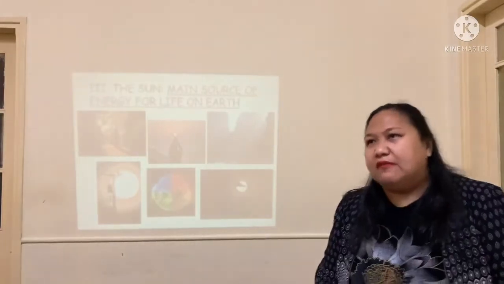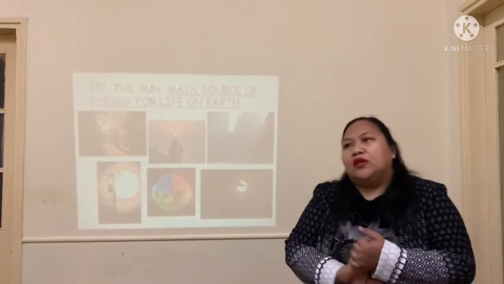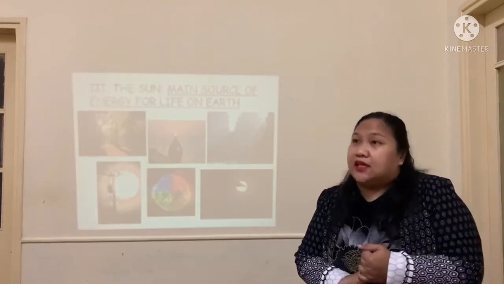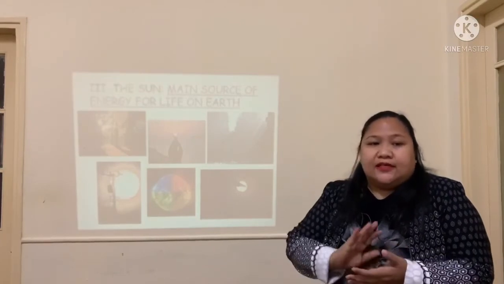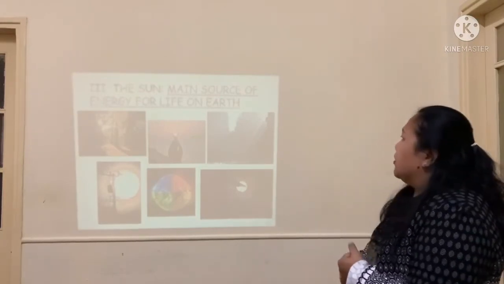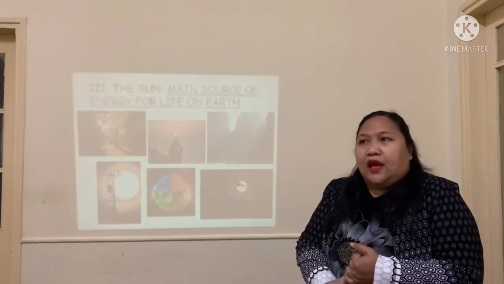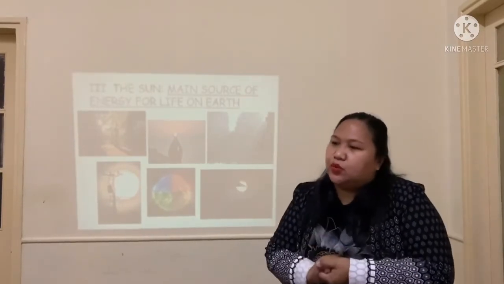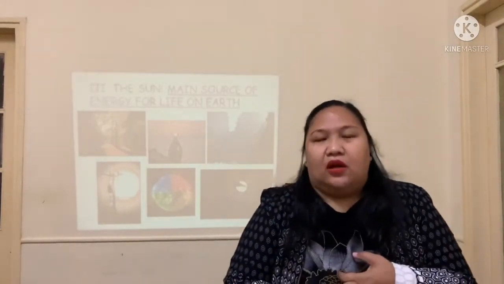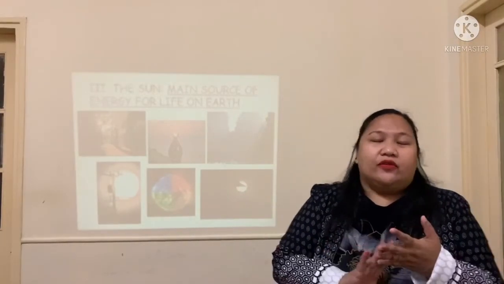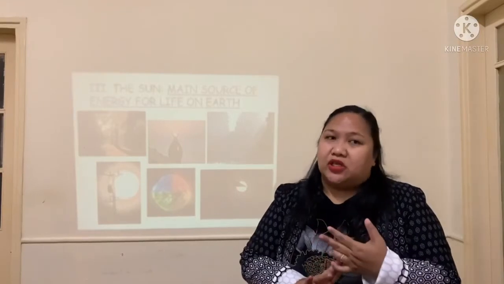Next, the third main factor when talking about photosynthesis is the sun. The sun is the main source of energy for life on Earth. And in the process of photosynthesis, we have three factors which are needed in the production of food.